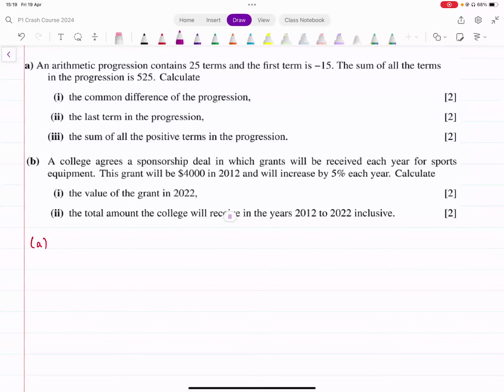Okay, so it says an AP contains 25 terms and the first term is minus 15.